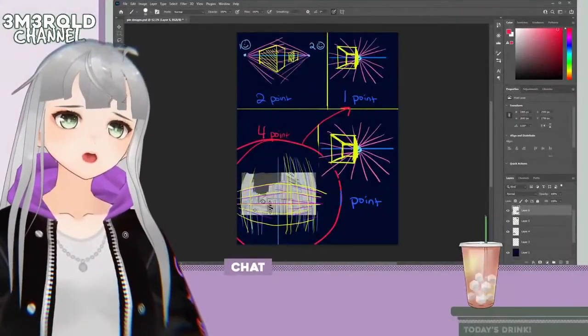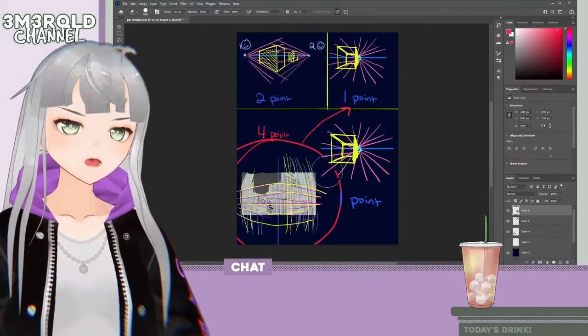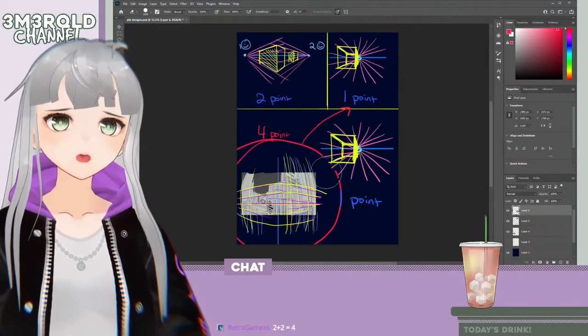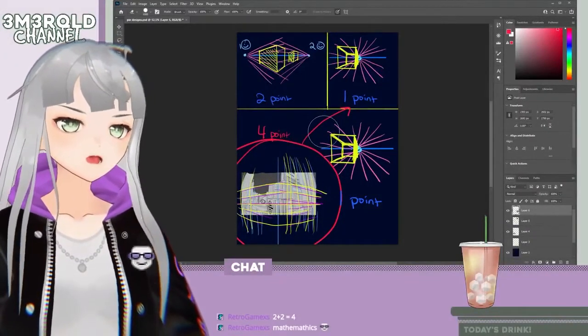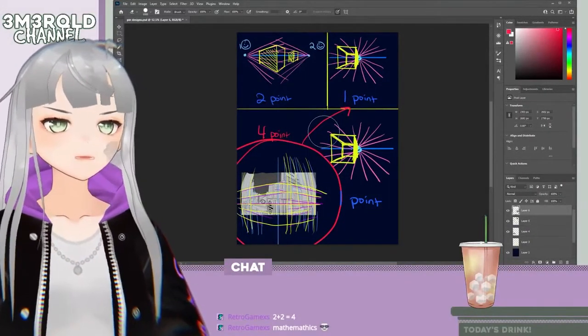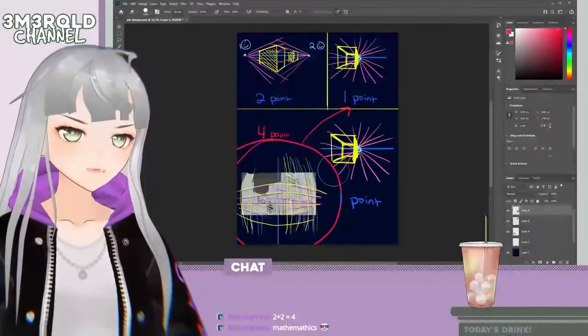And you actually asked a really good question, Retro, about what's the difference between all these perspective points, like what's the difference between 4, 5, and 6? That's a really good question, and I will blow your mind a little bit further in just a second.